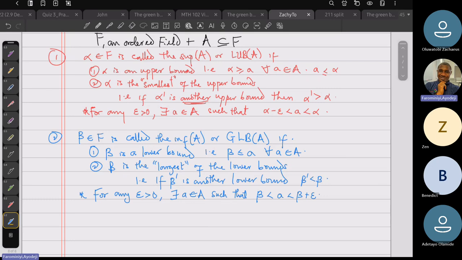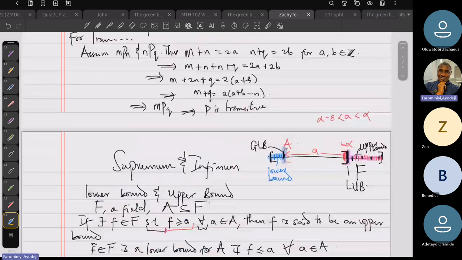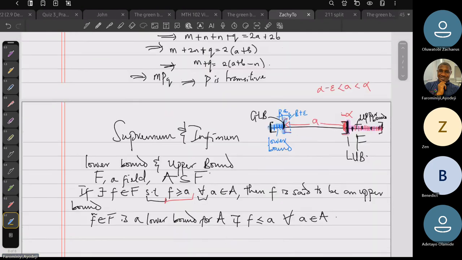So there is always something between beta and beta plus epsilon. If you look at the picture, if this is my beta and I add something to it, I am going to the right. So there will always be an A in between beta and beta plus epsilon. Is that clear?